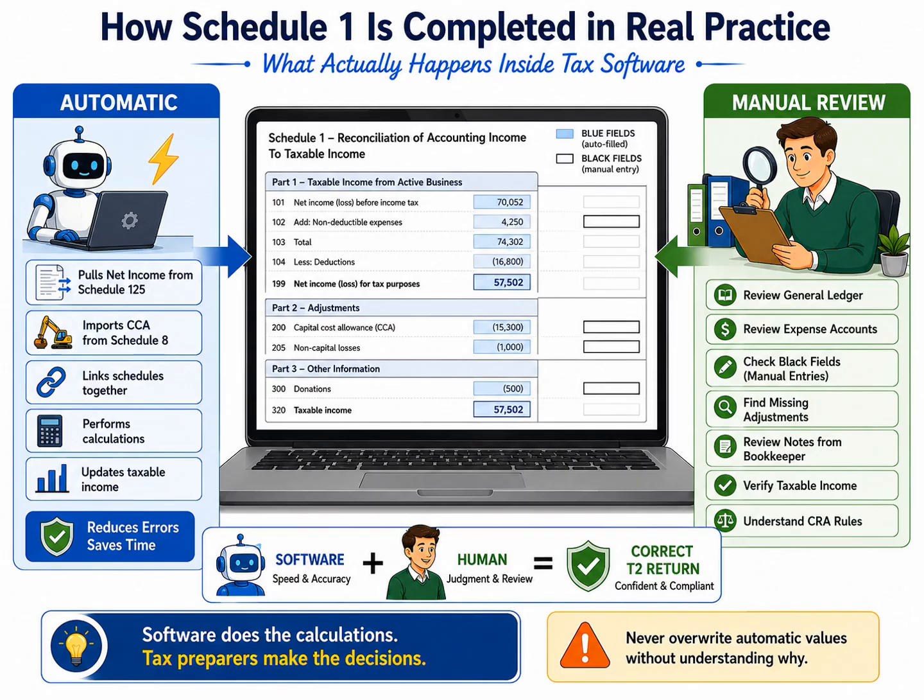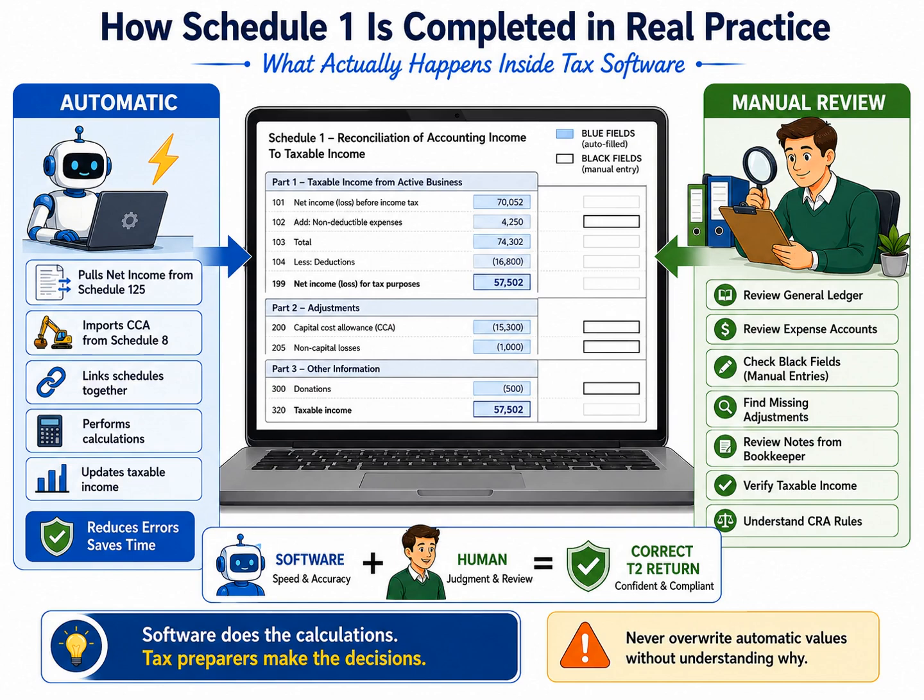It pulls the accounting net income from Schedule 125, imports information from other schedules, such as Schedule 8 for capital cost allowance, links related schedules together, performs calculations, and updates the corporation's taxable income throughout the return. These automatic calculations save time, improve accuracy, and greatly reduce the risk of mathematical errors. In many cases, the software completes a large portion of Schedule 1 without requiring any manual calculations.